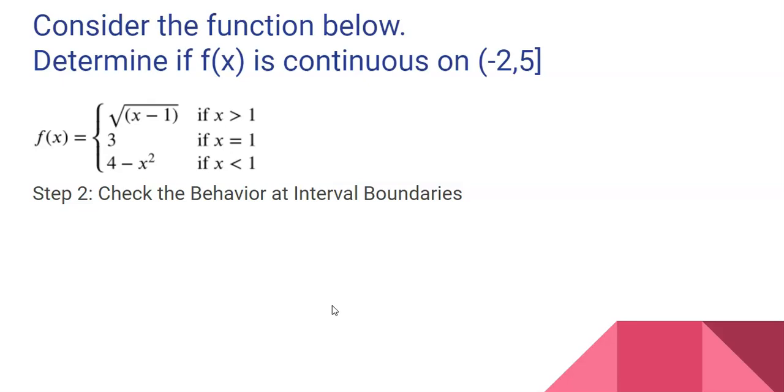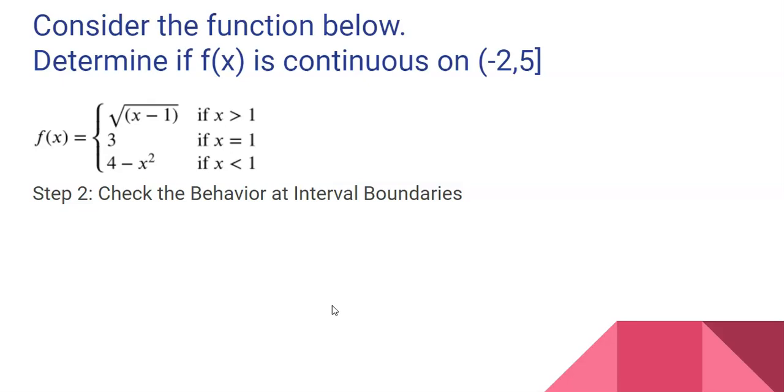We are simply going to check whether or not the limit of the function as x approaches the left boundary, we denote it as a, exists and is equal to f of a. So we're going to check whether or not the limit of the function as x approaches the right boundary b exists and is equal to f of b.